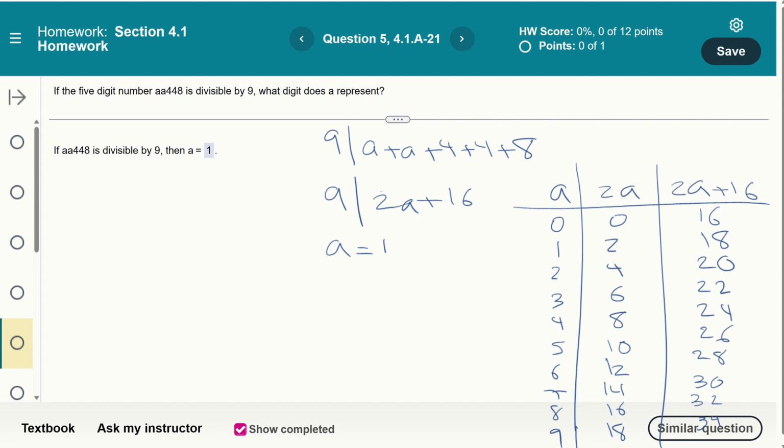Notice that the only one in this bunch that's divisible by 9 is 18. So the only possible choice for A would be A equals 1. All right, again, another good problem when it comes to understanding divisibility by 9.